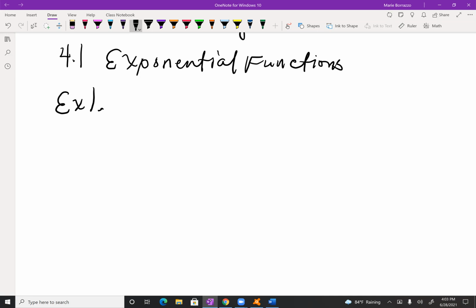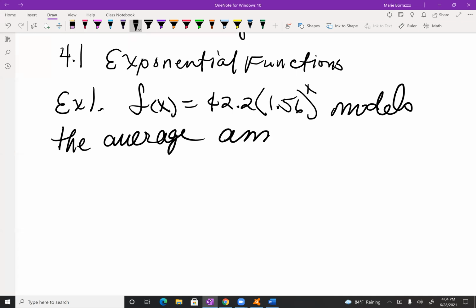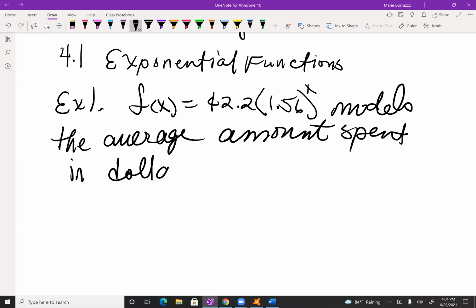The question basically says, given f of x, which is equal to 42.2 times 1.56 raised to the x power, which models the average amount spent in dollars after shopping x hours.